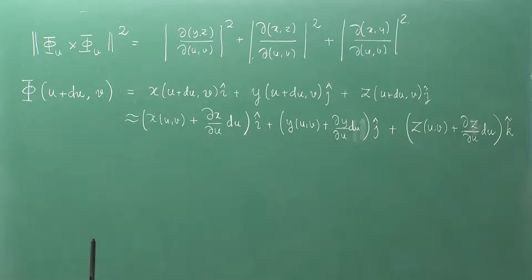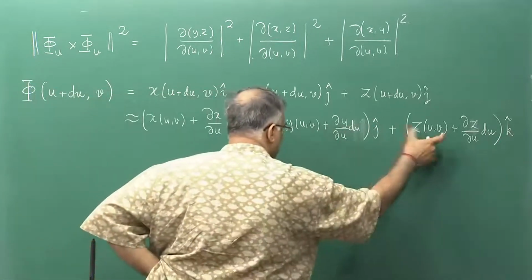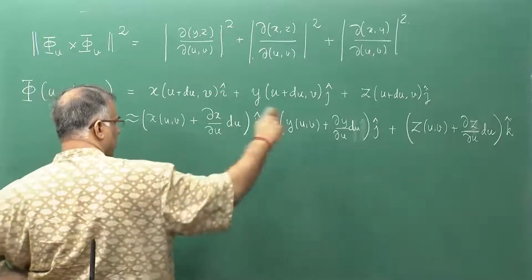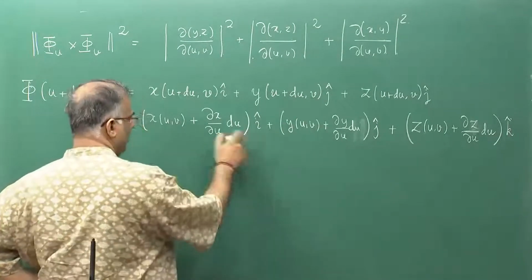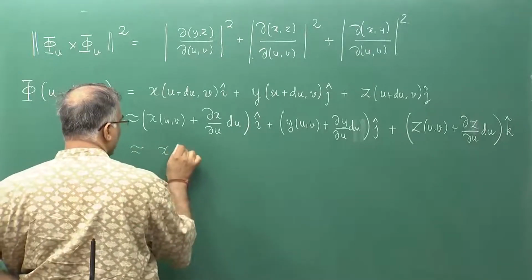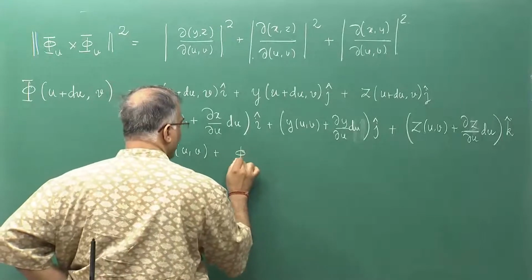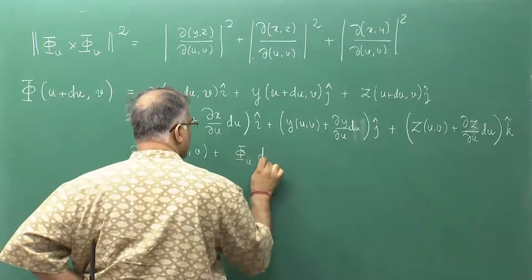Now, if you club these terms into one, x i, y j, z k, then what I have got here is phi of u v plus phi u du, this vector.